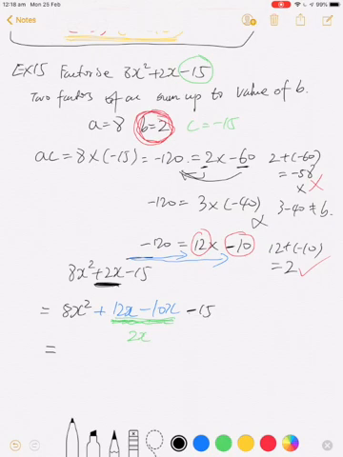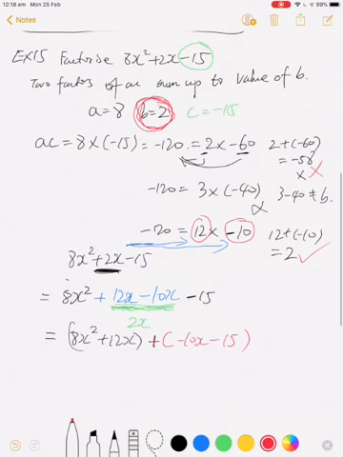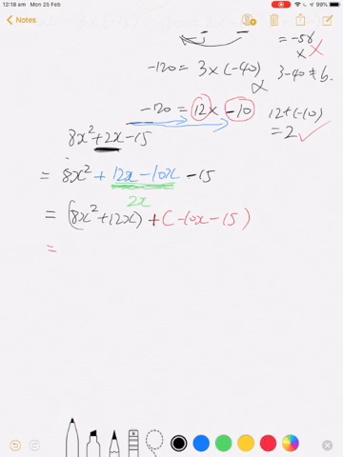Now let's do grouping. We group the first two, add them together; that's my first group, and plus, please keep that negative sign, so plus negative 10x minus 15. For 8x squared plus 12x, by observation the common factor is 4x.